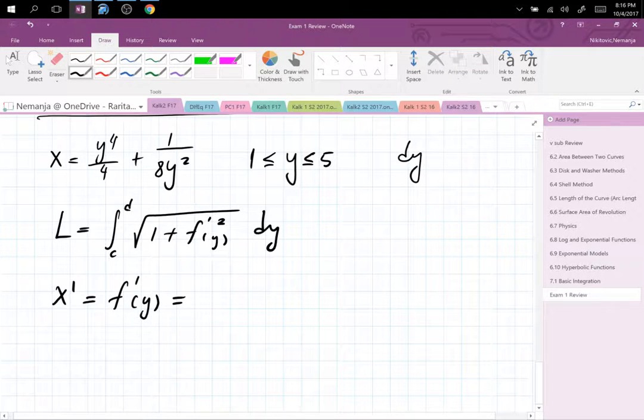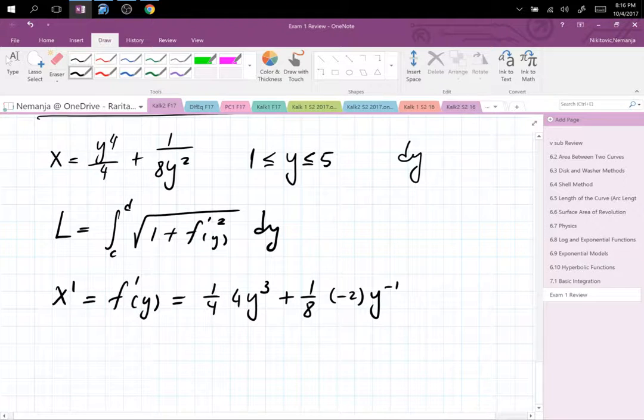To find that derivative, we copy 1/4. The derivative of y to the 4 is 4y cubed. Remember, you're taking the derivative with respect to y, so you don't get to cancel. Plus 1 over 8. Y to the negative 2 becomes negative 2y to the negative 1.